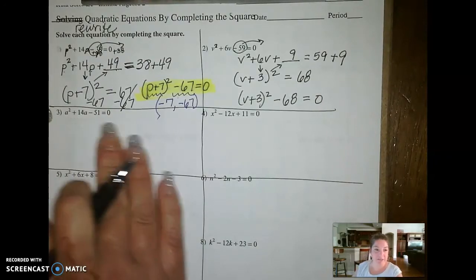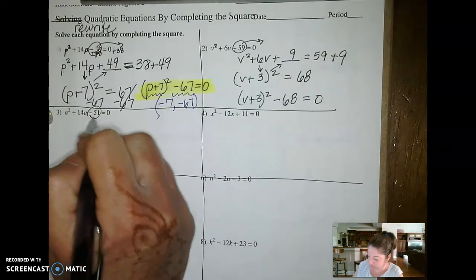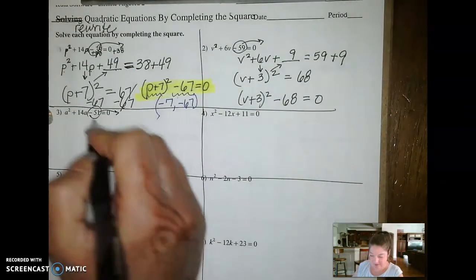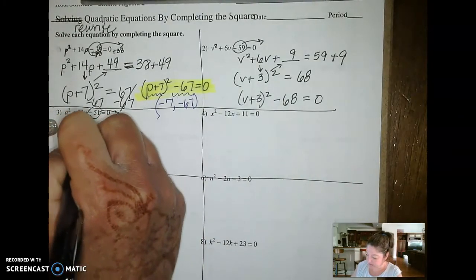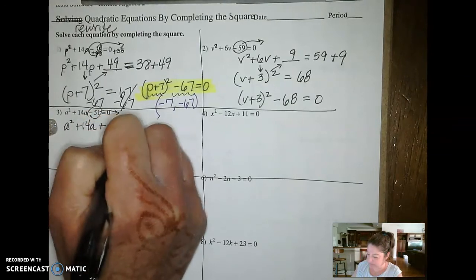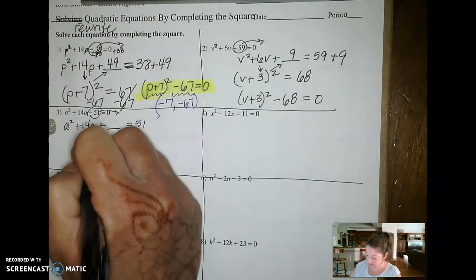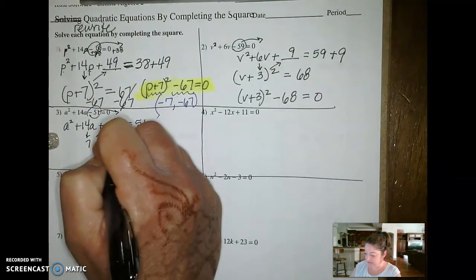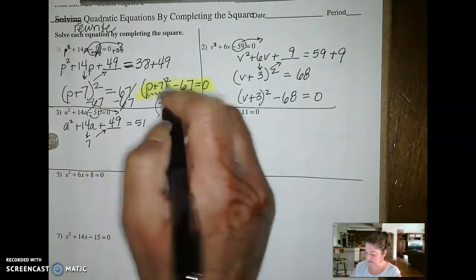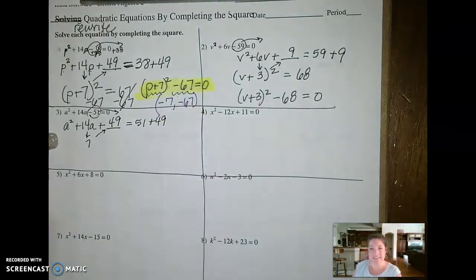So here we go, number 3. Let's do it again, okay? 51 is the wrong number. I'm going to get rid of it. a squared plus 14a plus blank. What's half of 14? 7. 7 squared is 49. So I'm going to add 49 to 51.